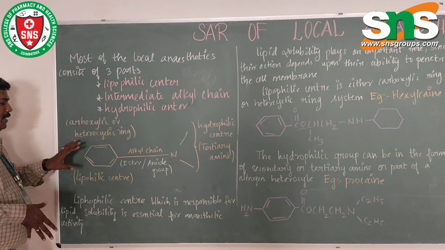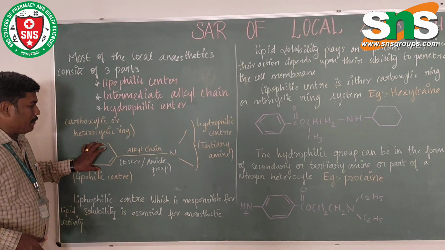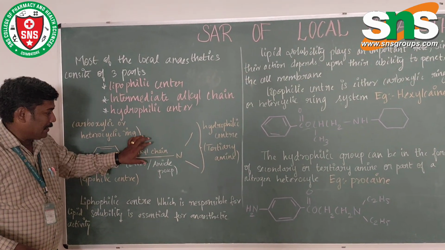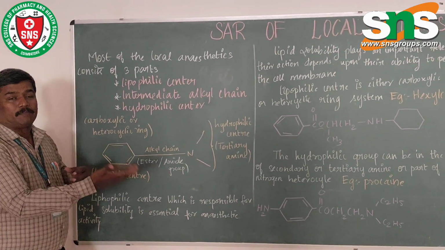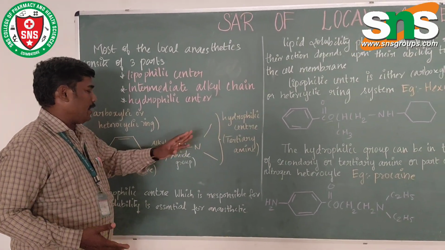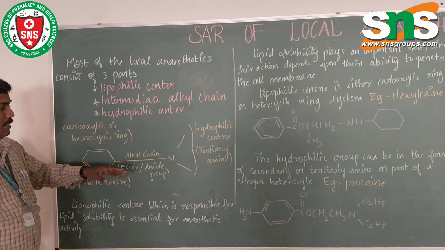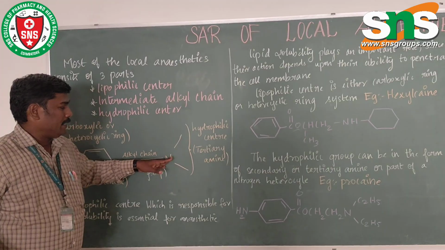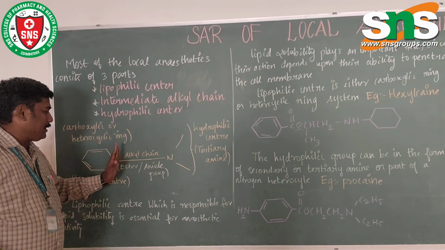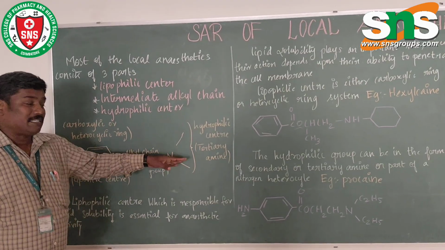It has the basic nucleus like this. An aromatic ring will be present, followed by the alkyl chain, which may be an ester or amine. Then CONH2 or COO will be present. This is attached through the alkyl chain, ester or amine, to the tertiary amine.